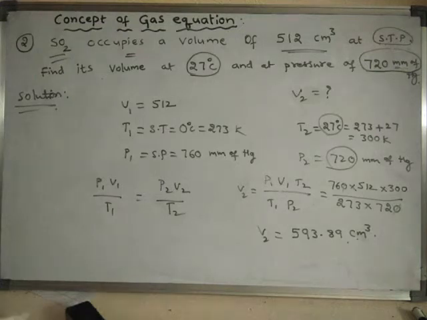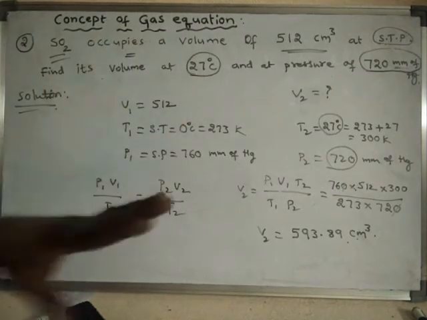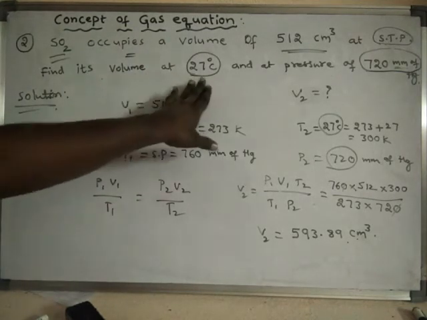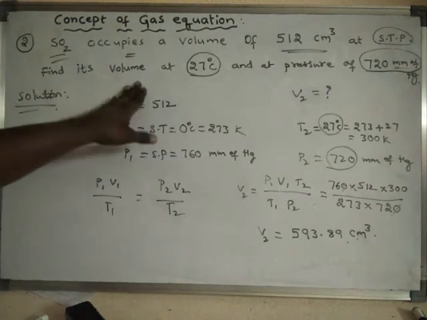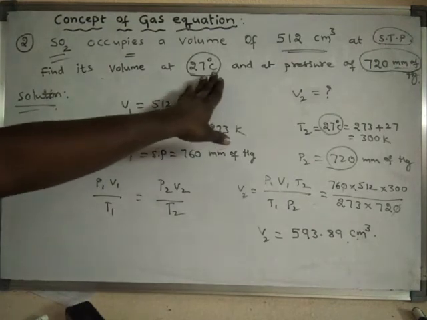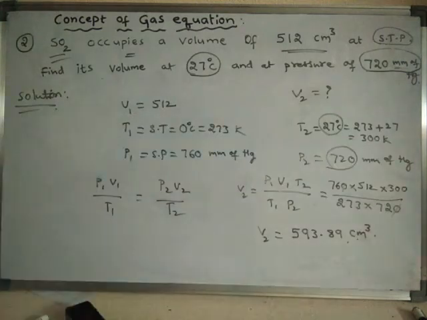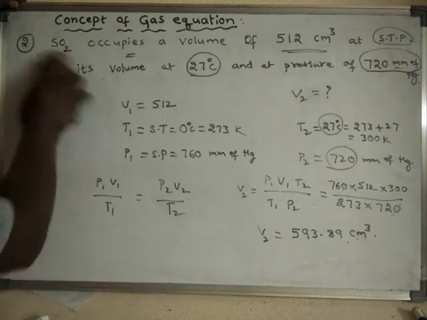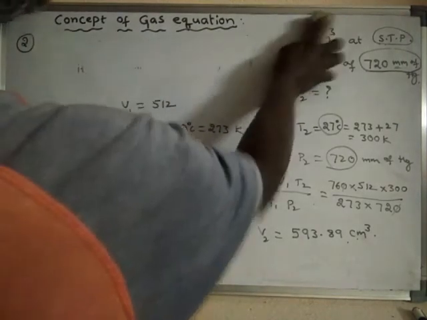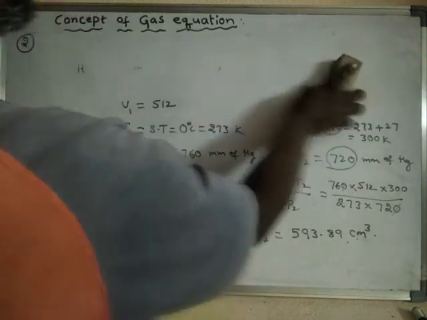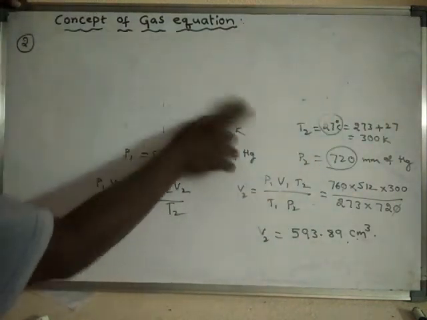So like this, the volume of sulfur dioxide gas at this temperature and this pressure can be calculated. Now we will see one more problem based on the same concept, based on the gas equation.